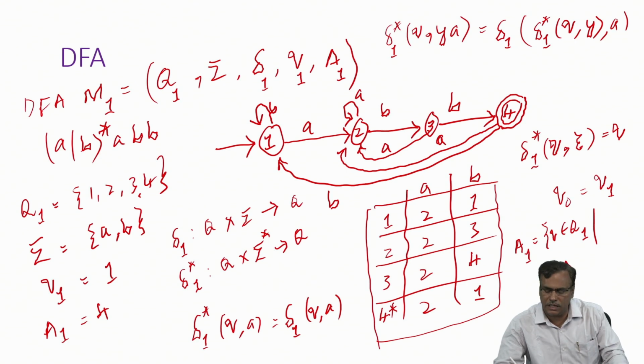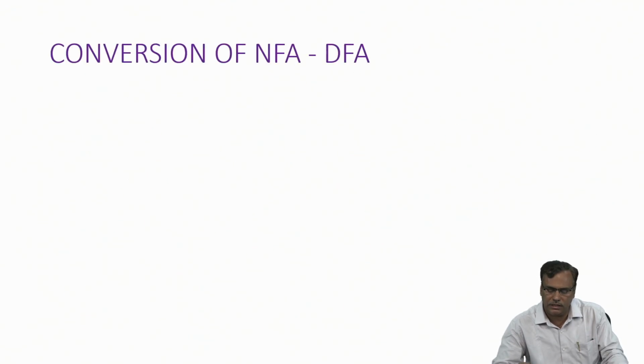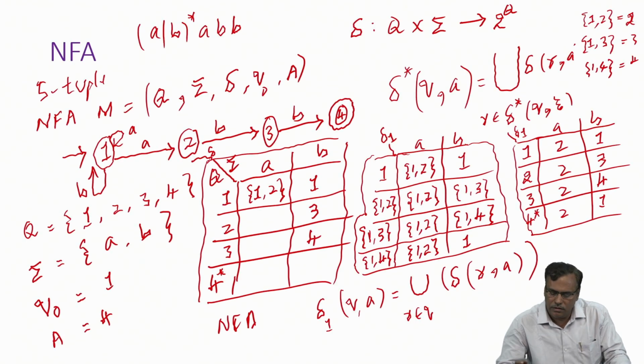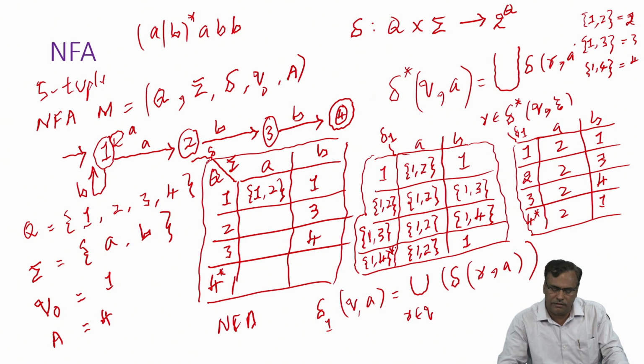The final state of this NFA is denoted with A, you know, right? That state you should treat as a final state. For example, here, in the conversion process, I have taken this 1, 4 as a final state of this DFA.